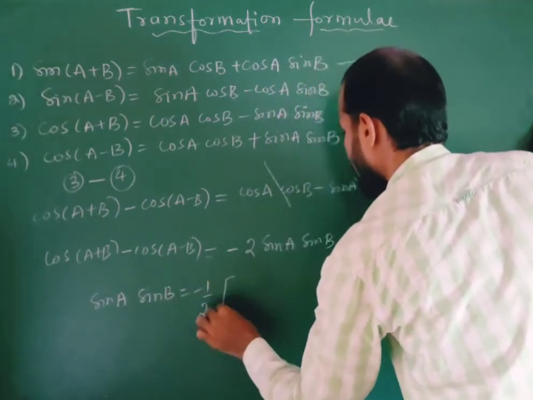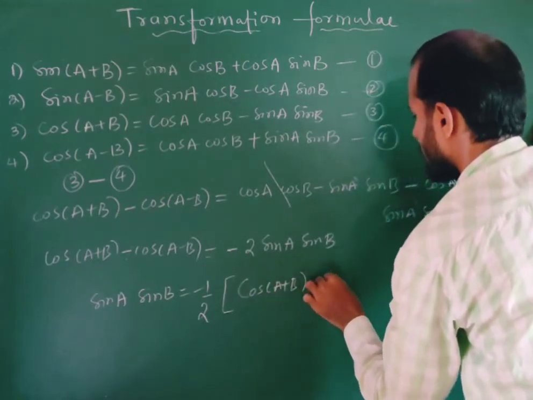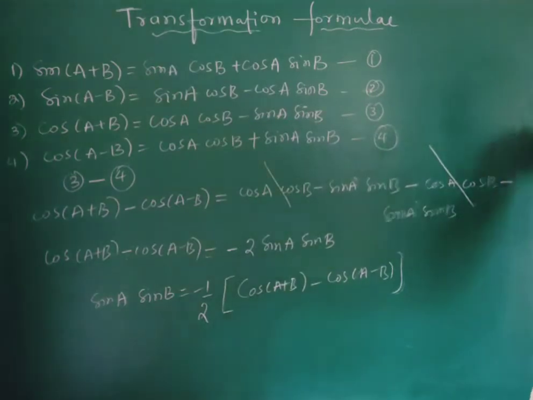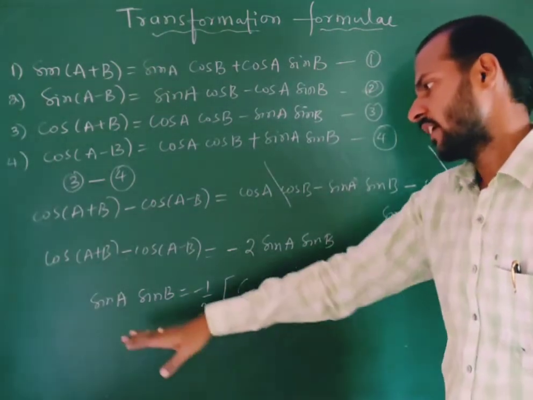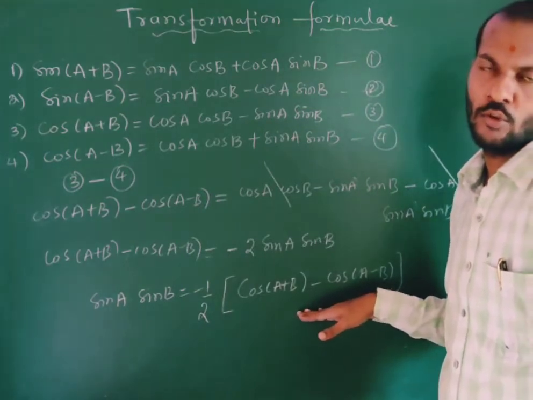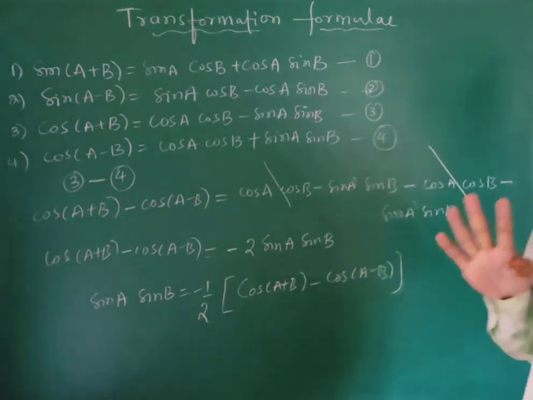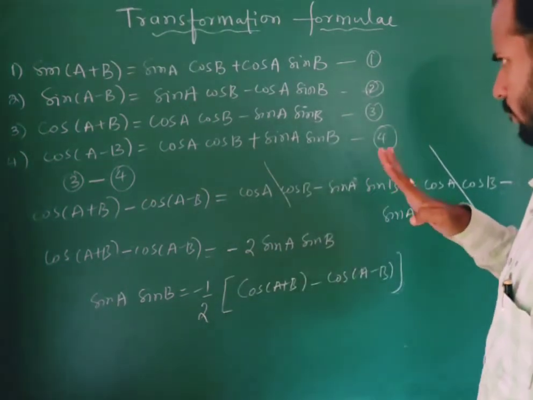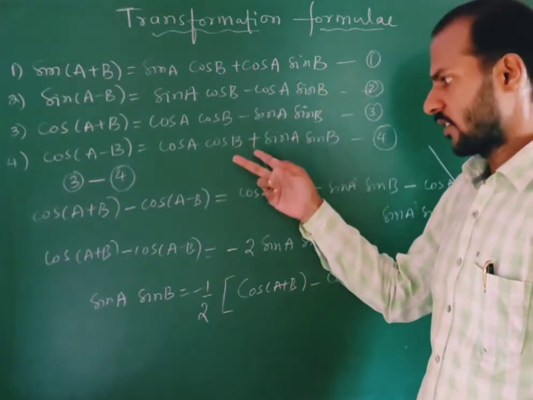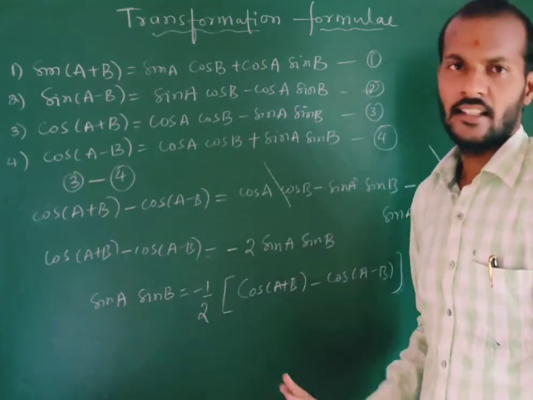Minus 1 by 2 [cos(A plus B) minus cos(A minus B)] is the required transformation formula. Here also we get the product of two trigonometric functions into the difference of two trigonometric functions, right? Now we got 4 formulas here. First one is sin A cos B, second one is cos A sin B, third one is cos A cos B, and fourth one is sin A sin B, right?